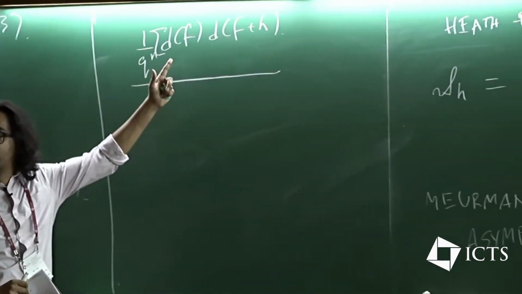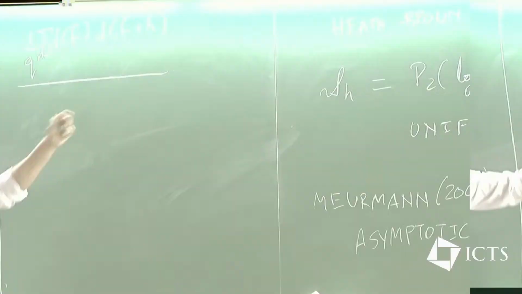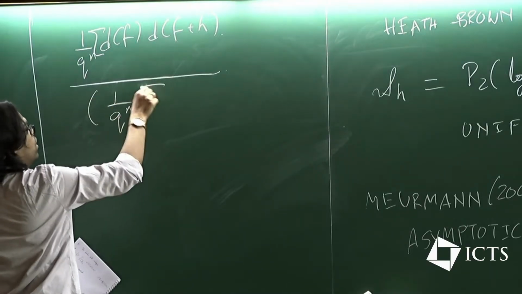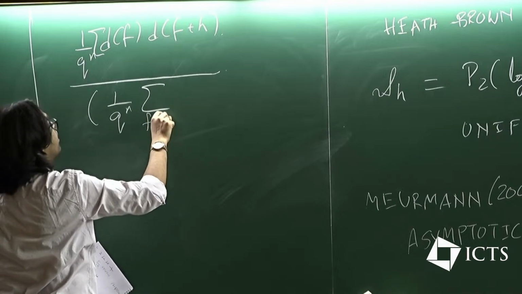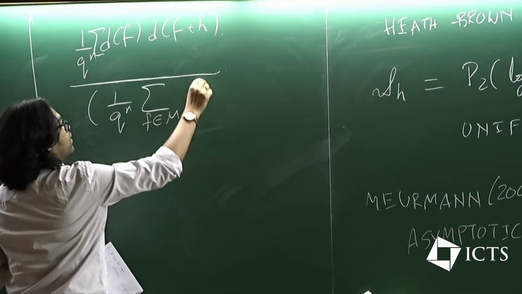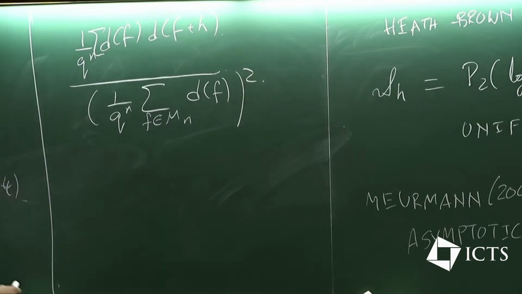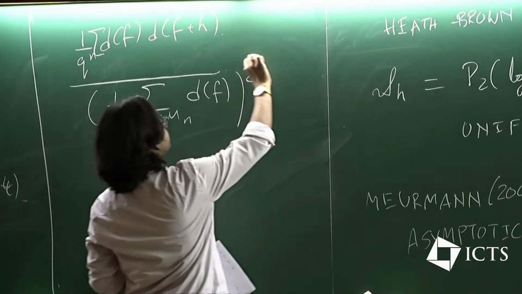So the average value of d(f) times the average value of d(f+h). That's basically the average value of d(f) squared. So they proved that if you take the degree of h to be less than n over 2, less than n, then this quantity actually tends to 1.